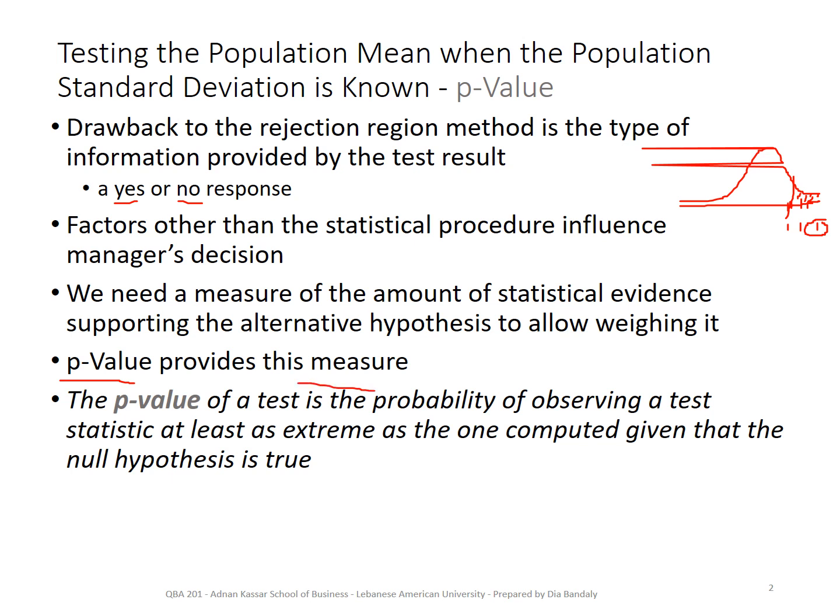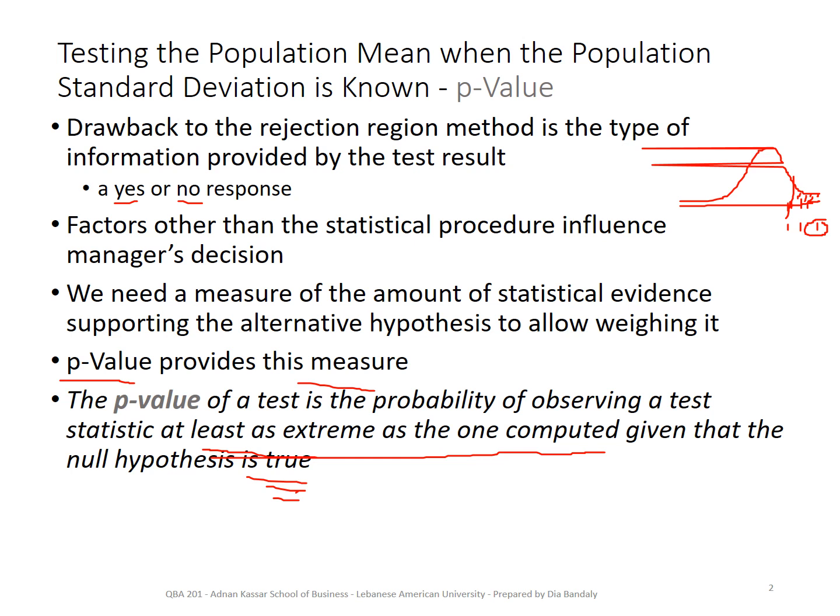What's that p-value? Look, this is a very, very important description or definition for the p-value. P-value is the probability of observing a test statistic, which is X bar in our case, or Z if you are using the standardized, at least as extreme as the one computed, given that the null hypothesis is true, right?